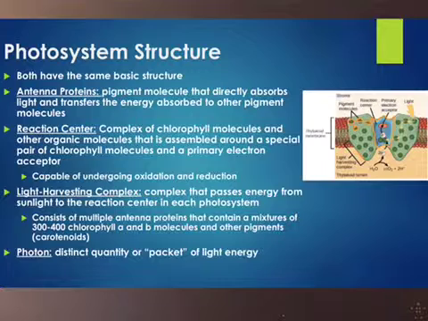So you can see here that the light is entering and it hits one of the antenna proteins or the pigments, and that photon of light energy bounces from pigment to pigment until it reaches two pigments in that reaction center. Okay? This takes about a millionth of a second. So it's super fast. Science is weird.